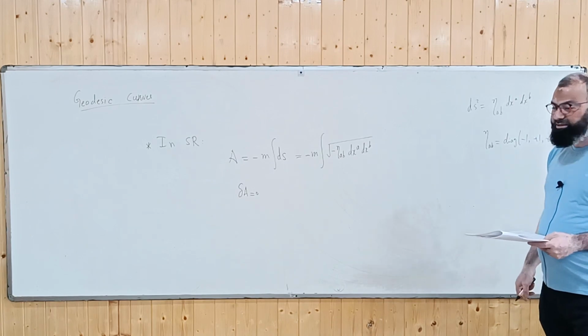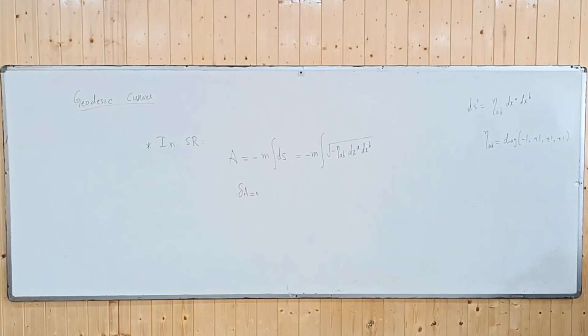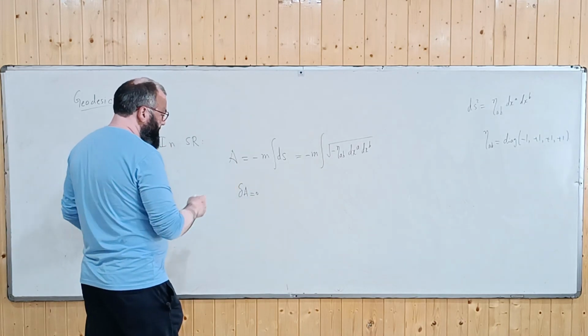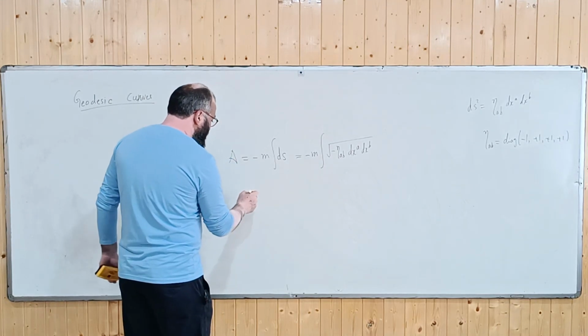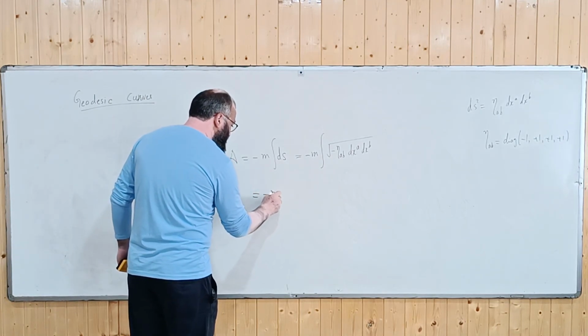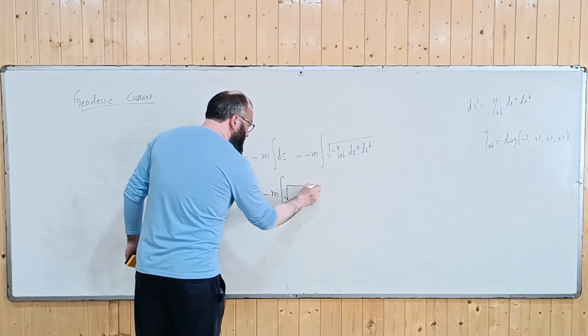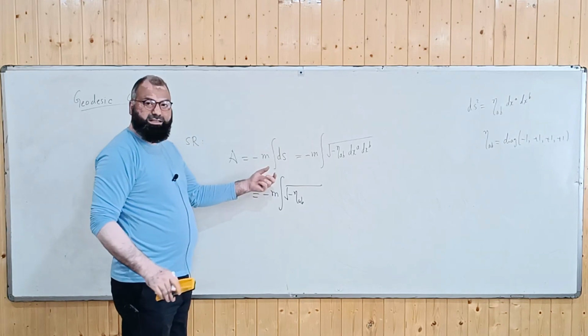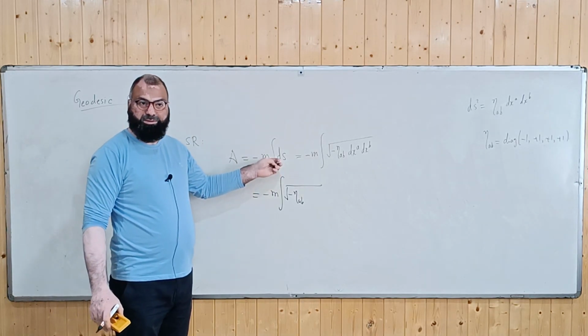Now let me vary the action. Delta A is equal to 0. How to do that? Okay, so we need to vary this action. Before doing that, I can write this action as minus m integral of root of minus eta ab. This integral is invariant under any parameter transformation.